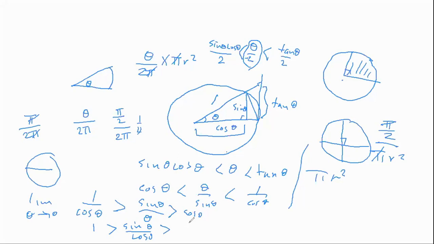What's cosine 0? 1, right? Let me correct the mistake here. This is not divided by cosine, this is divided by theta. Is everybody following? Yes.